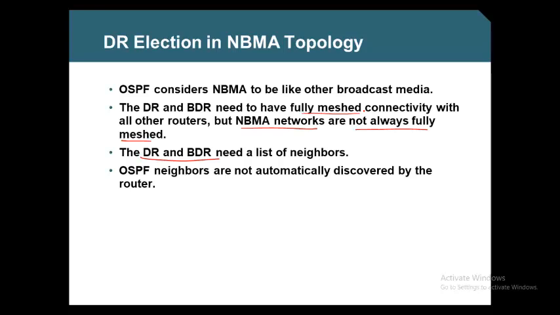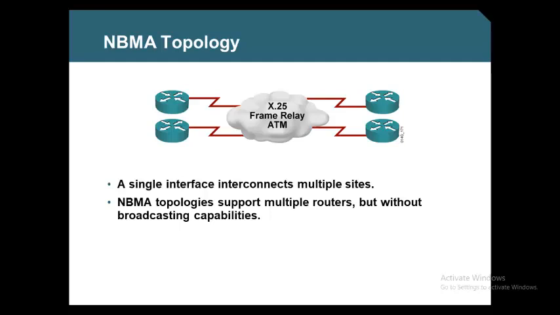DR-BDR is useful only when you have full mesh. In the previous class I showed you, if you don't have full mesh, when the hub goes down, you don't have connectivity between the other routers. Then what is the point of DR-BDR? Everything goes through the hub.